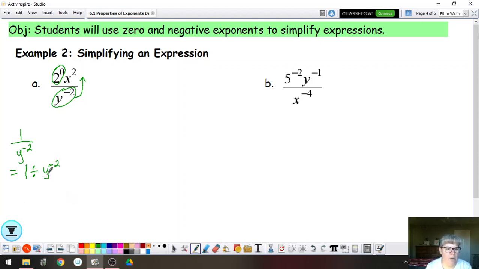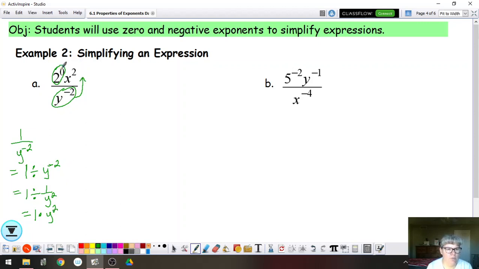To write this with a positive exponent, we write the reciprocal with a positive exponent, but when we multiply by fractions, we have to multiply by the reciprocal. So this becomes 1 times y squared. So the y squared is no longer in any sort of denominator. That's why that can move to the top.